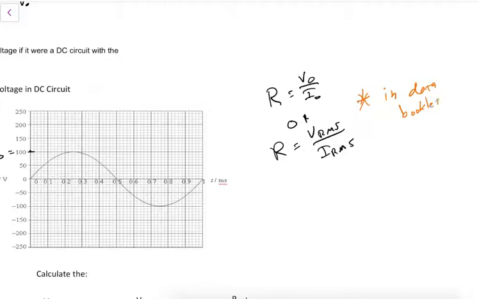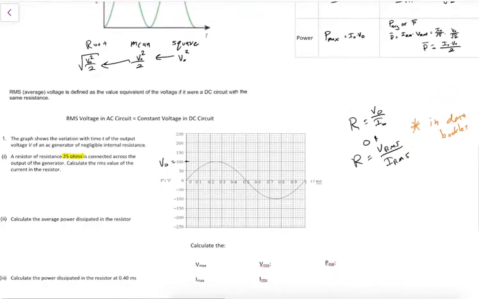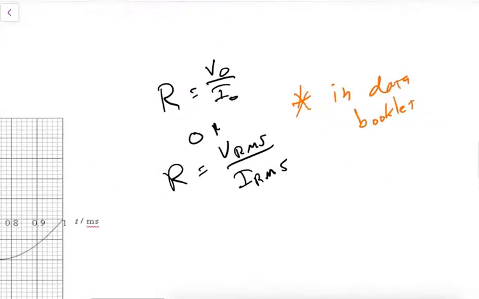It's kind of obvious, but it's there just in case. When I'm using a resistor, the resistance value doesn't change depending on AC or DC. But if I'm using my peak values, I need to stick with my peak voltage and current. My RMS values are my RMS voltage and current, so do not mix them.